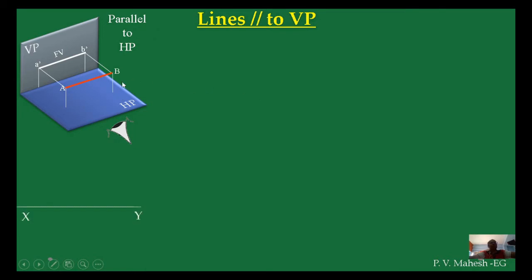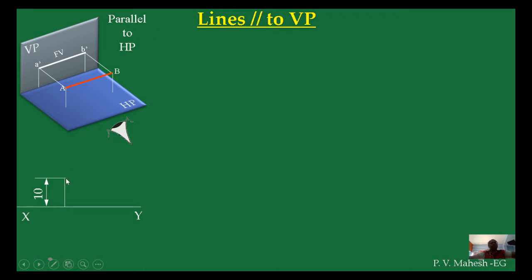Once that is known, you draw the reference line XY, take this distance of A dash from XY, and mark it. Here the point A is 10 mm above HP, so the front view is above the XY line by 10 mm. Okay, now the point A dash is fixed.